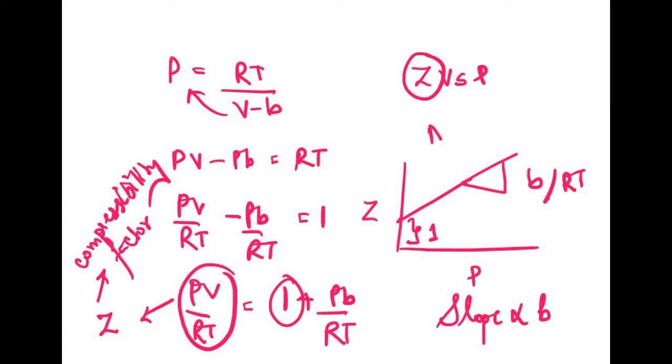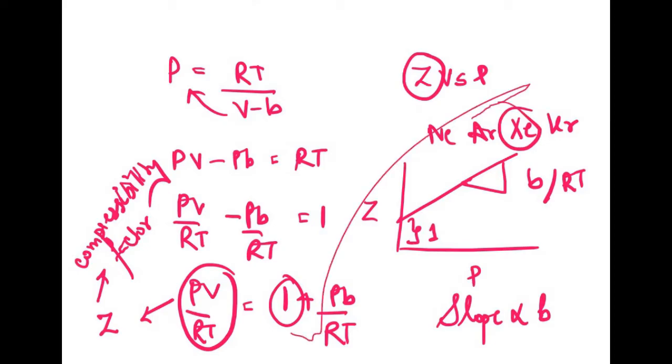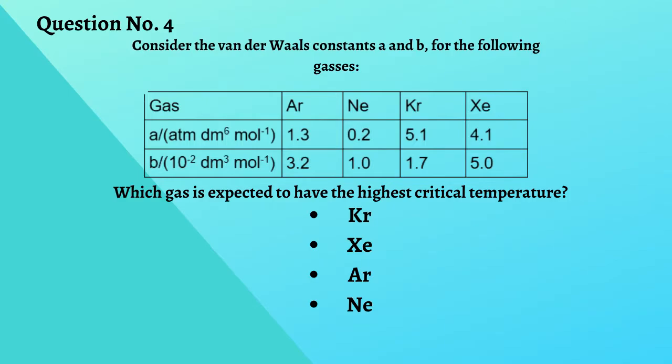Among neon, argon, xenon and krypton, which one has a greater volume? Xenon. So the slope for xenon will be maximum. So our answer would be option number a, xenon. Correct? So moving on to the next question. It's just application based.